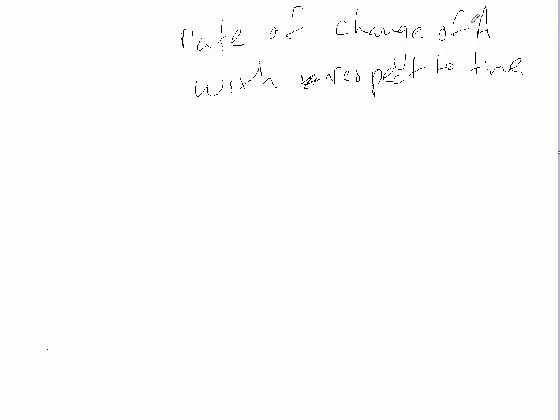So this is a related rates problem, and by related rates it means area is somehow related to time and the radius is somehow related to time. So the rates are related.